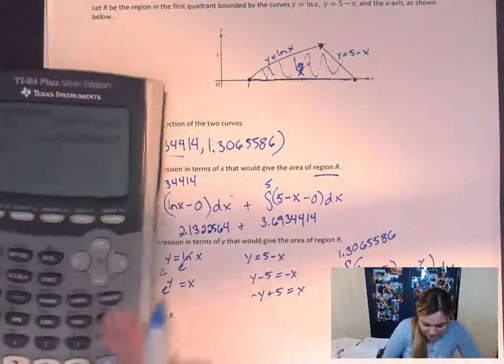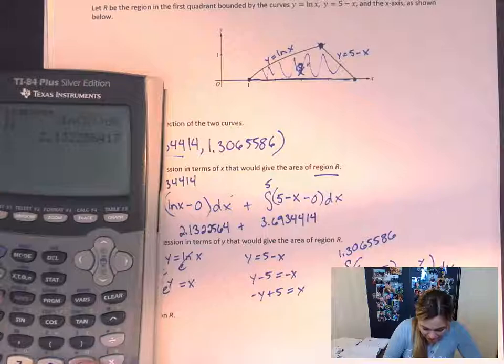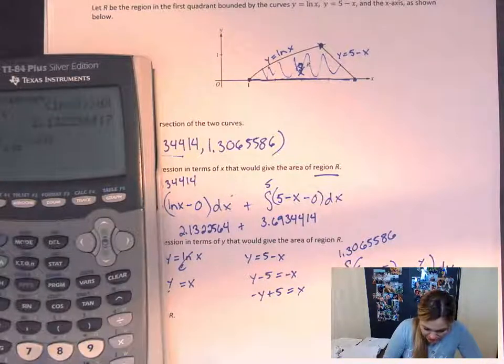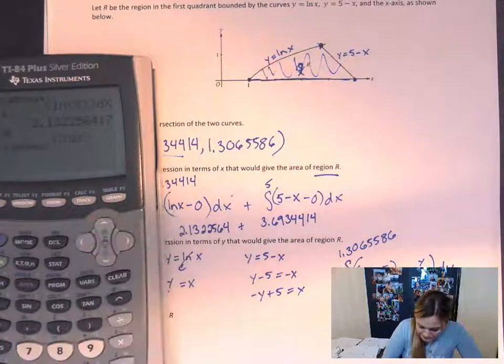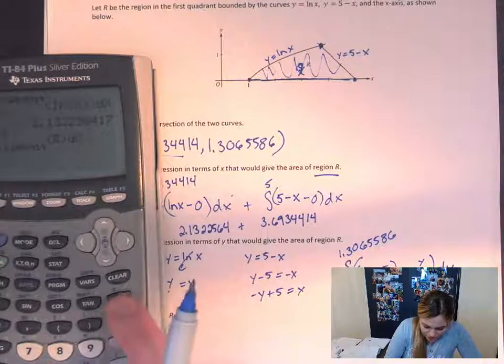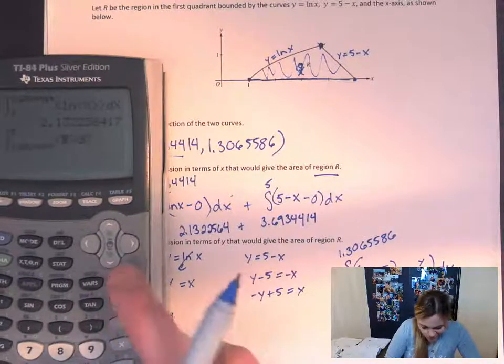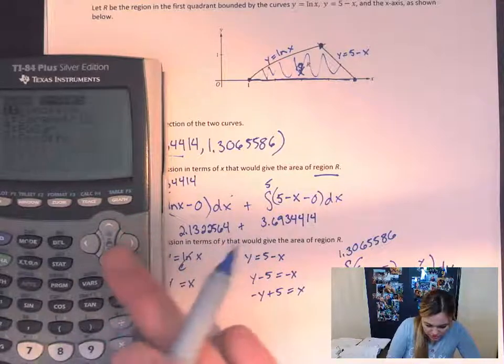And this one I'm going to go math 9, 3.6934414, 5 minus x, the y bars.